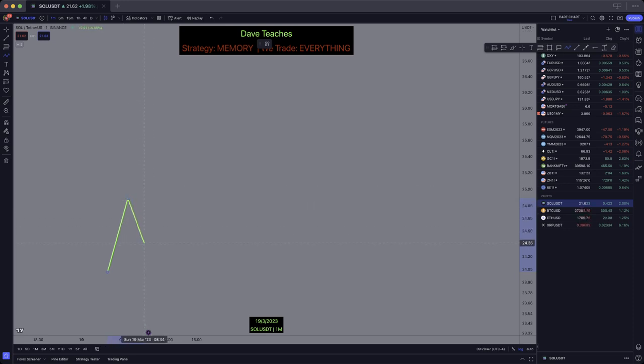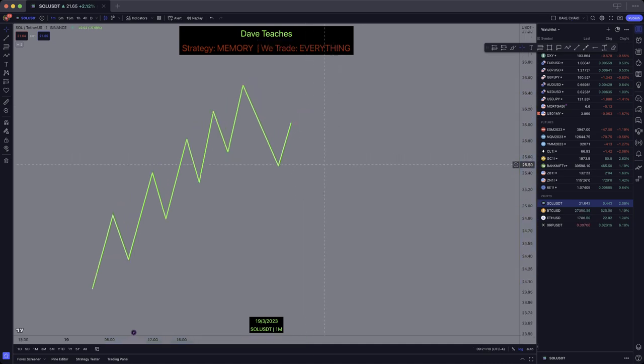Basics of structure is we get a high, we get a low, we get a high, we get a low, we get a high, we get a low, we get a high, then fold. I'm going to leave it right there.